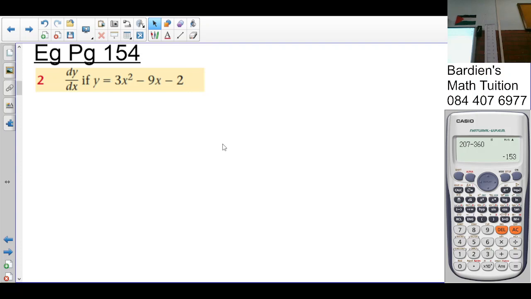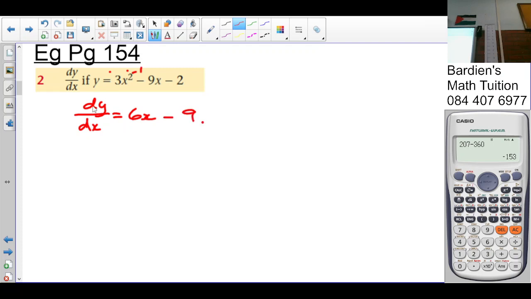So differentiate this. Once we apply the rules of differentiation, you then say dy over dx equals 2 times 3 is 6x, right? 6x to the 1 minus 9. The derivative of a constant is 0. You all okay with that?